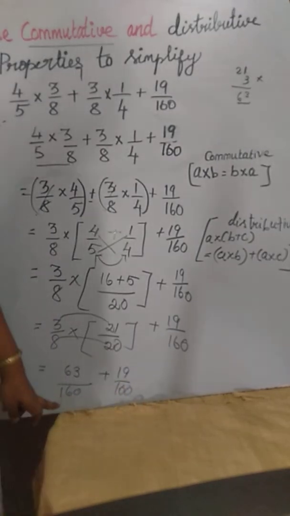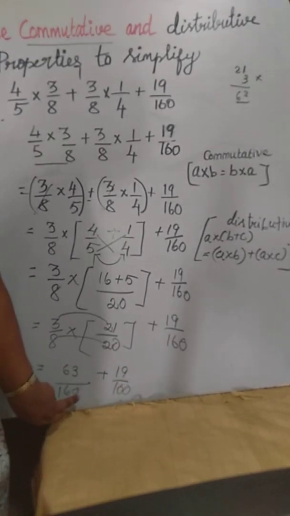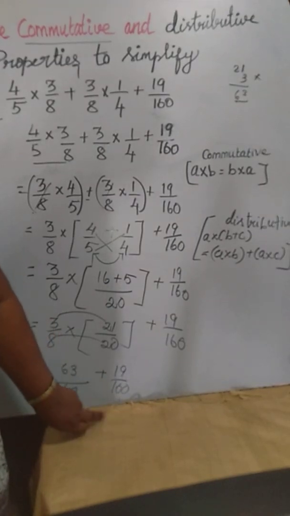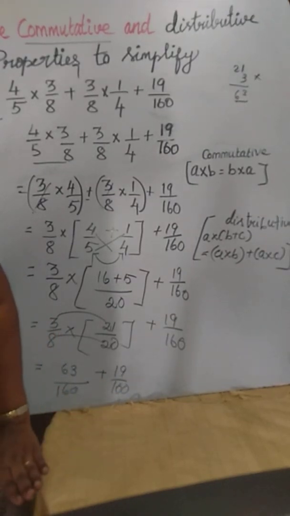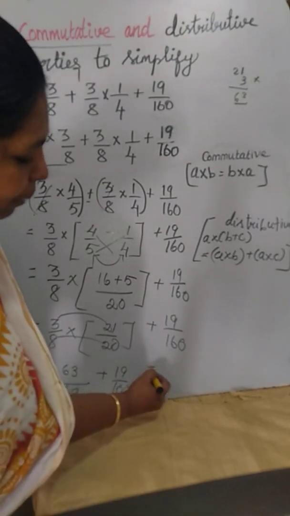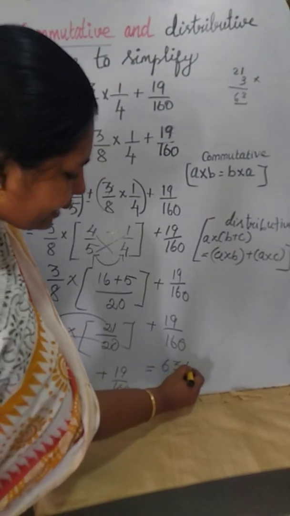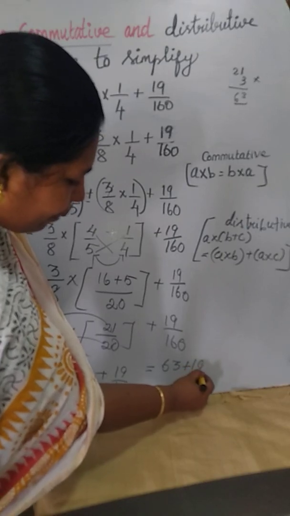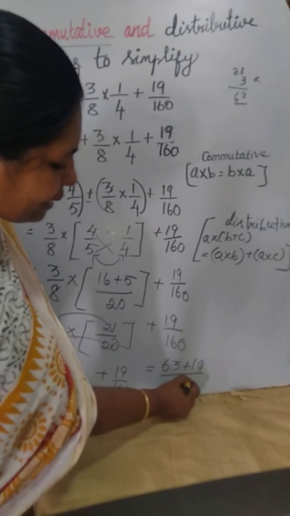So last step, see the denominator. Denominator is same. So denominator same means what do we do? Yes, we add the numerator. So 63 plus 19 divided by 160.